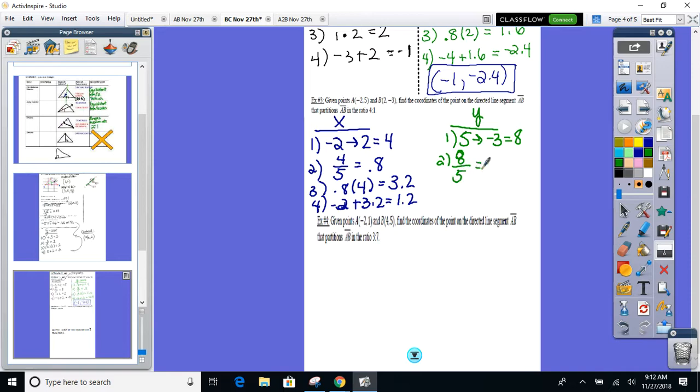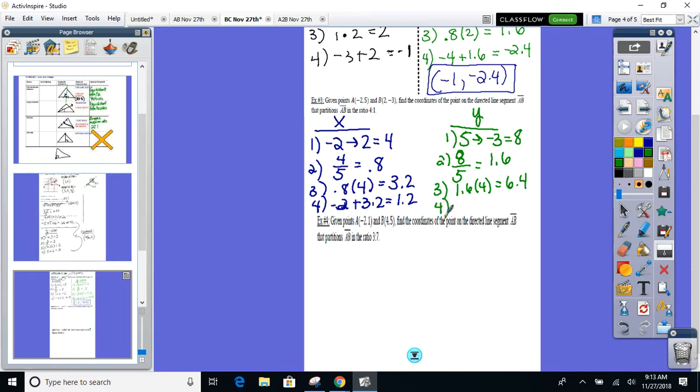All right, 8 divided by 5, what are we looking at? 1.6. I'm going to see if anybody's focused. You're still going how many times? 4 times. That's not going to change. So 1.6 times 4. Anybody want to tell me the total distance I'm going to travel? 6.4 units.